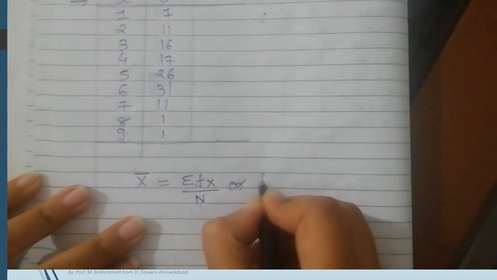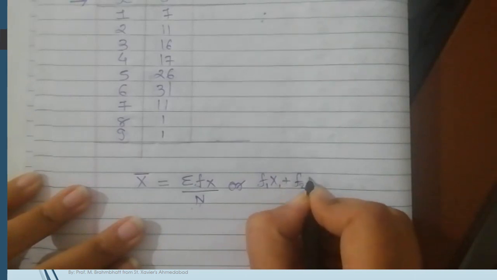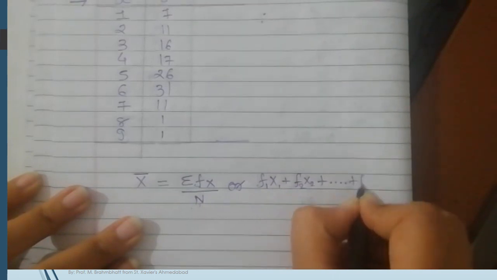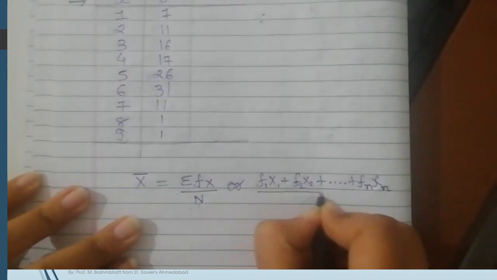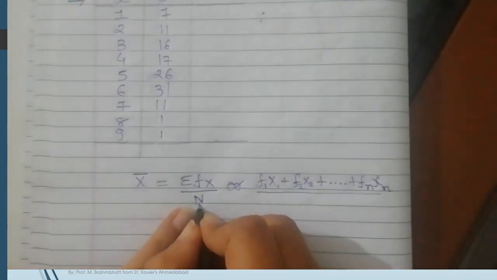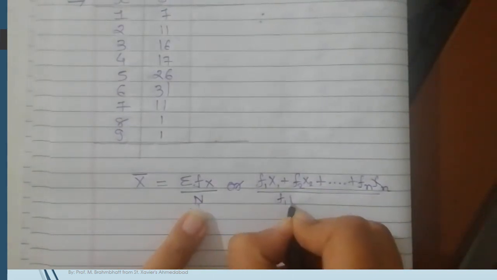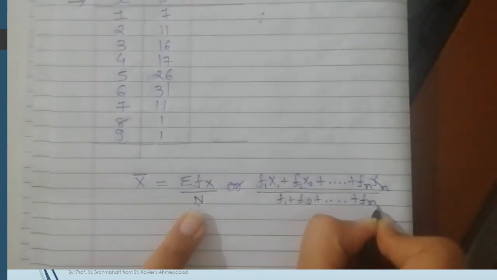Now what is sigma fx? Sigma fx is f1 into x1 plus f2 into x2, the same procedure up to fn into xn, divided by N, which is sigma f, so divided by f1 plus f2 plus up to fn.